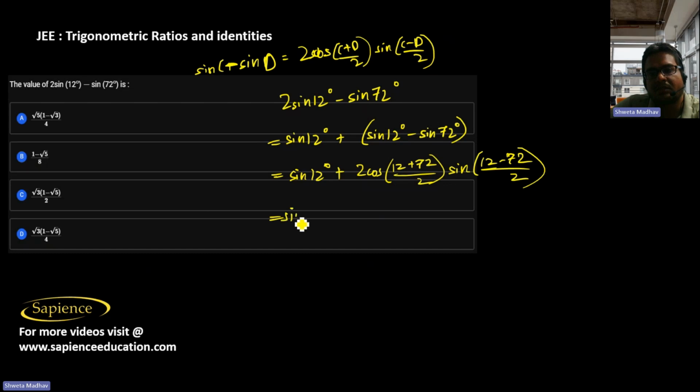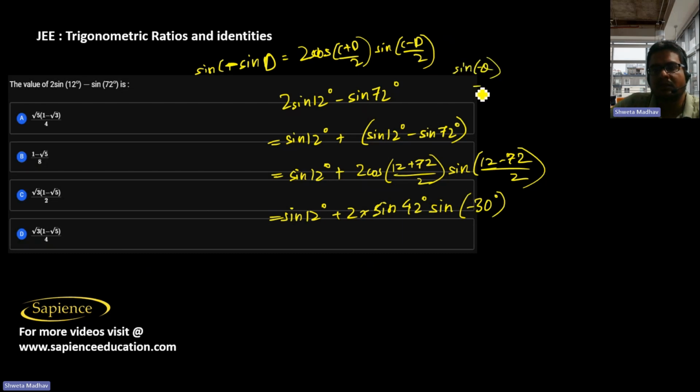So this will be sine 12 degree plus 2 into cos 12 plus 72, so it is 84, 84 by 2, it is sine 42 degree into sine of minus 60 by 2. So this is minus 30 degree. Sine of minus theta, we know that is equal to minus sine theta only.